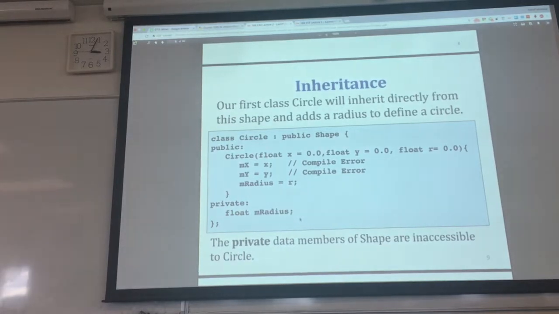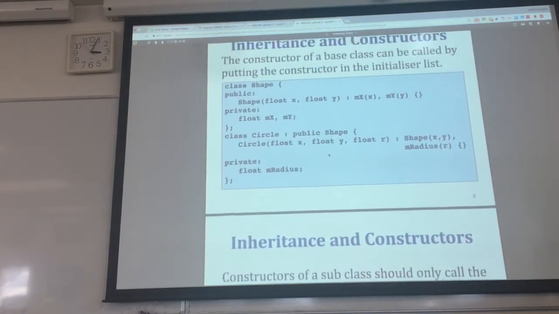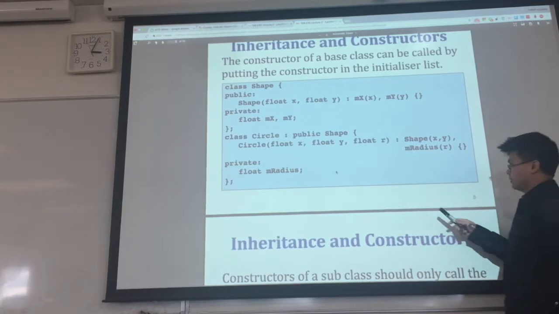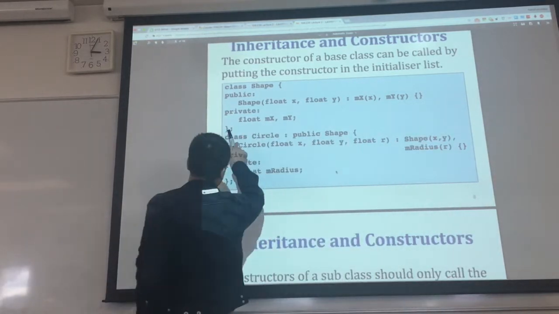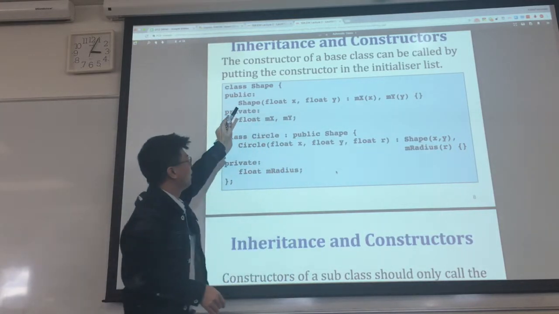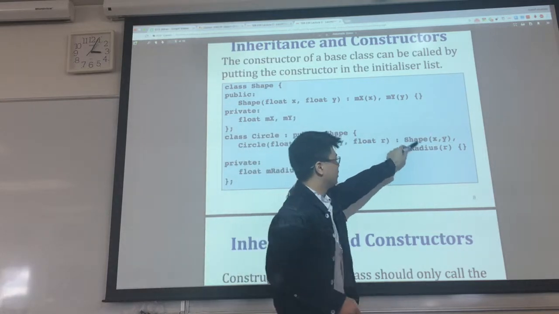So the way that we do it is like this. This is still the same shape class with the constructor. We set two values. In the circle class, we call the constructor here.